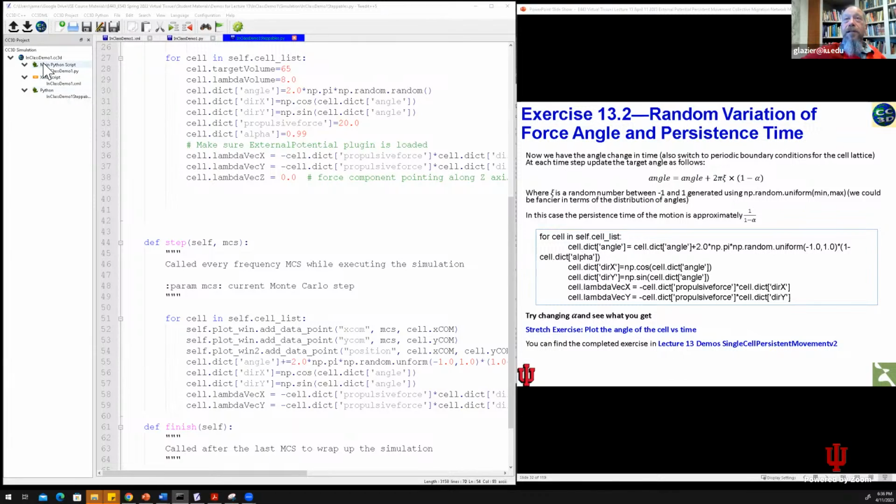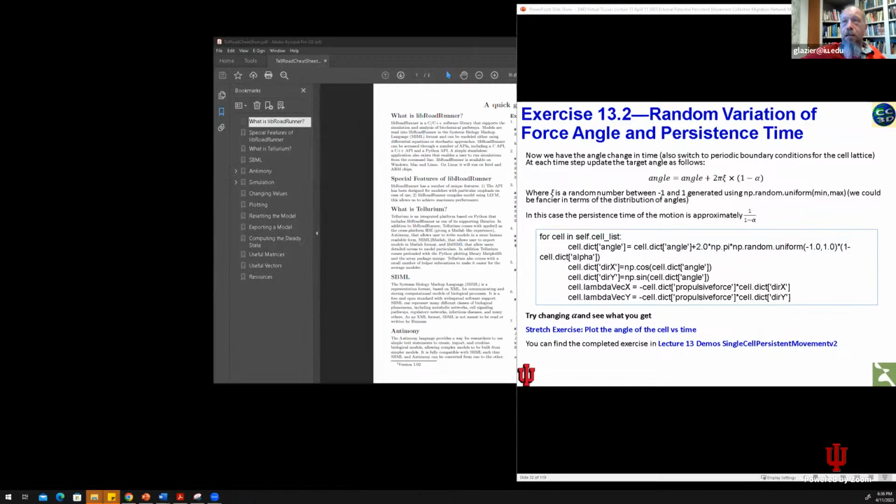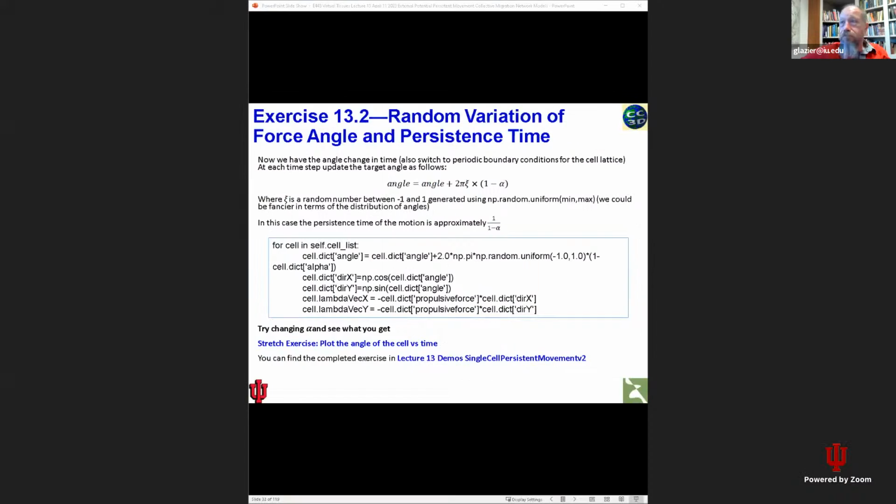I may have, let me see if I can open this player. Oops, oh, that didn't work. I just had Twitter die on me. So let me try again.